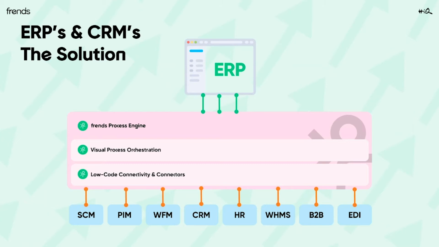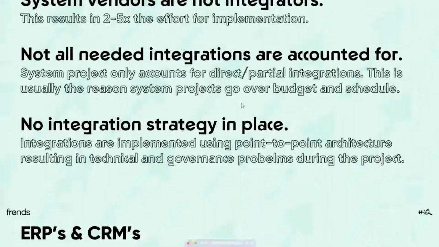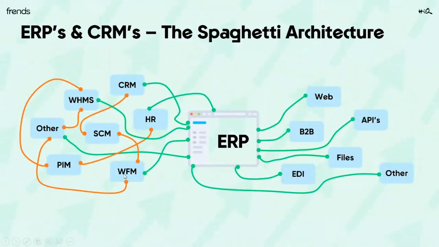So the first obvious benefit of doing things in this way is quite straightforward. If you think about the number of connectivity data flows or integrations that you need to implement, you can frankly reduce that number when utilizing a properly architected integration platform such as Frends, because instead of creating a bunch of integrations on the ERP to everything, we can, for example, just create a single integration to manage all incoming orders.